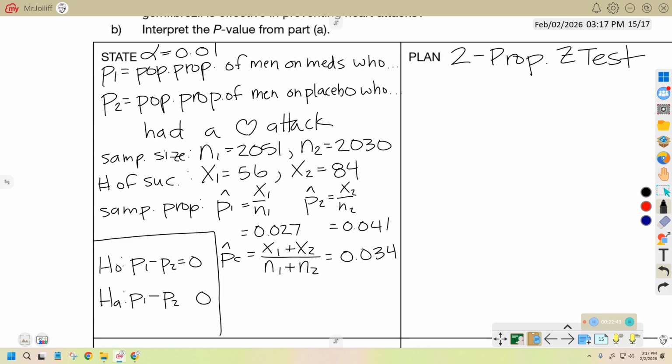They were asking us, is there convincing evidence that the medication is effective at preventing heart attacks? If a medication is good at preventing heart attacks, do the number of heart attacks go up or down? Down. So I would expect P1 to be lower than the group that's not taking the medication if the medication is actually effective, which means P1 will be smaller than P2.